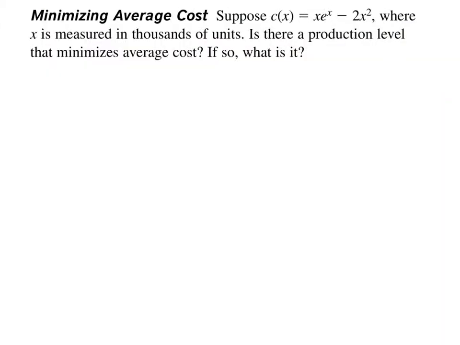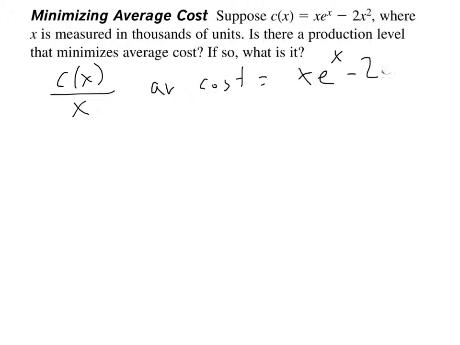Well, if we know that average cost would just be the cost function c of x divided by x, so in this case average cost would be x e to the x minus 2x squared all over x.